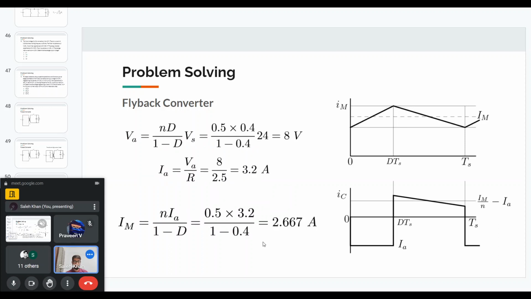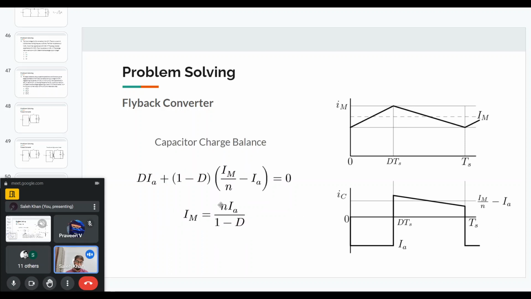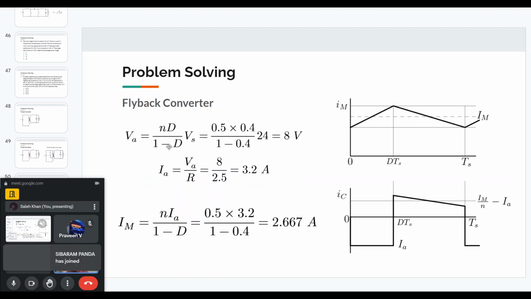So it basically requires us to find, we need to know Ia, we need to know D, and N is given. And Ia we can find out by first finding out the output voltage. For the flyback converter, from the volt-second balance, we can find out the output voltage is given by this equation.